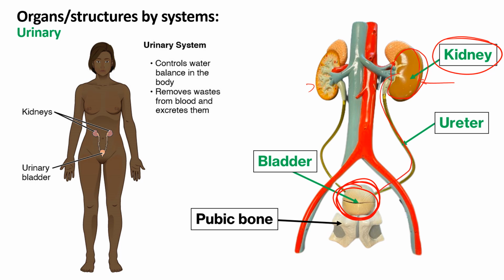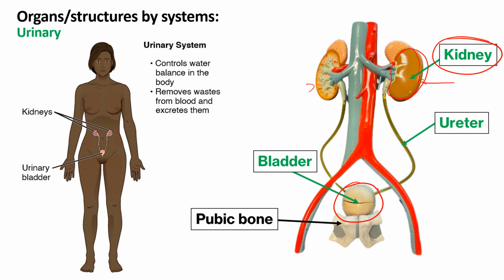So we have two ureters, which are those here. And when the bladder is full of urine, the process of voiding, or micturition, or urination, is through the urethra.